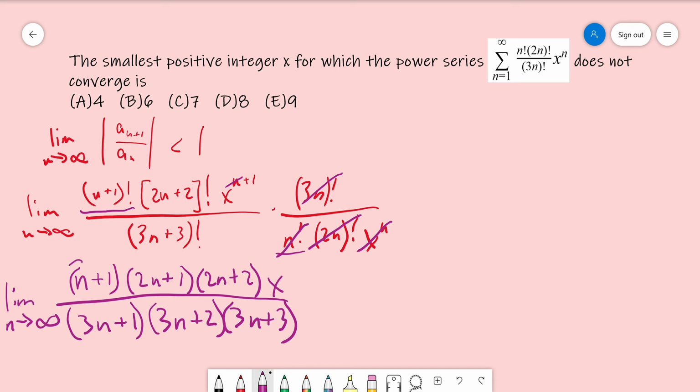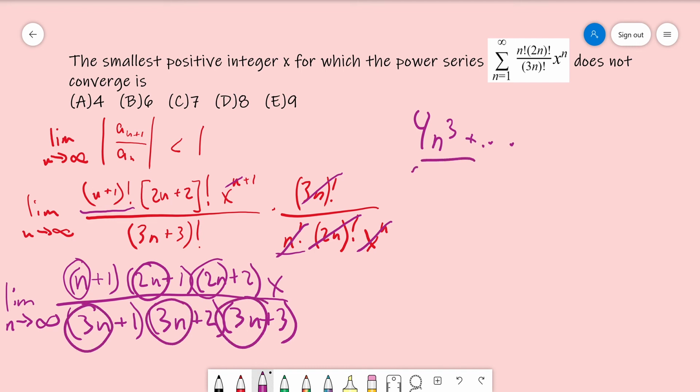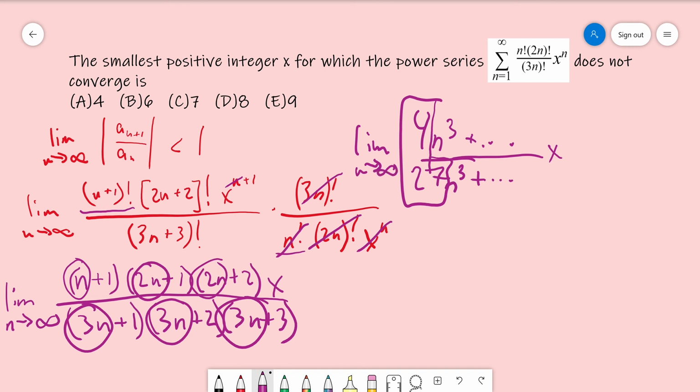So in this case, we have an n, a 2n, and a 2n, so that's going to be like a 4n cubed plus some other stuff, and a 3n, 3n, and 3n, so that's going to be like a 27n cubed plus some other stuff, and all of this is going to be multiplied by x. Well, if we look at the leading coefficients, that's a 4 and a 27, that's going to be the limit. So the limit as n goes to infinity is going to be 4 over 27 times x.